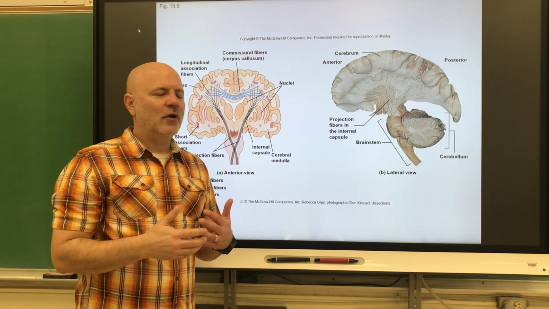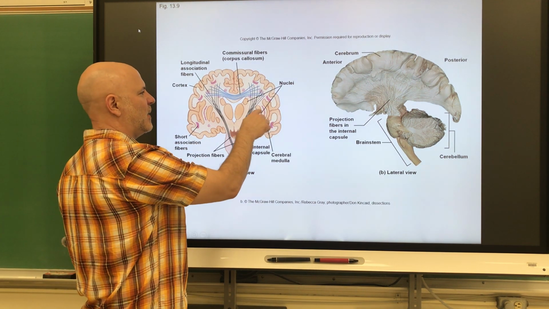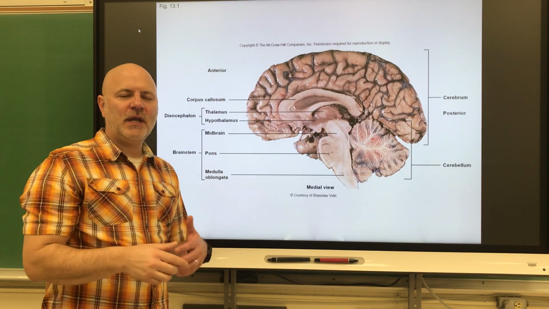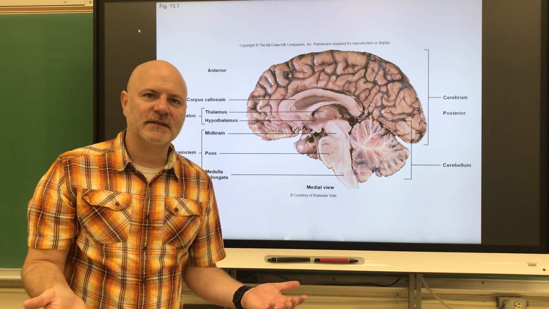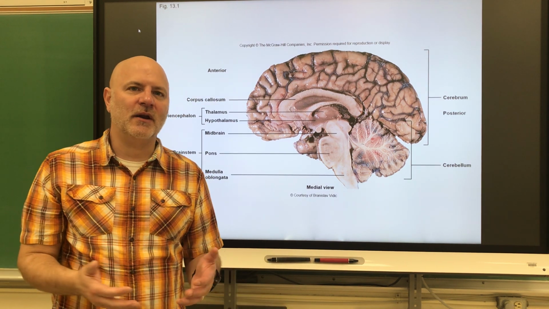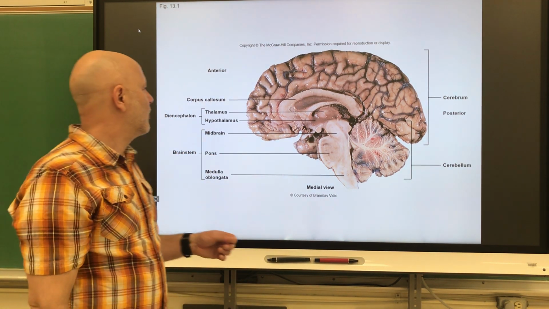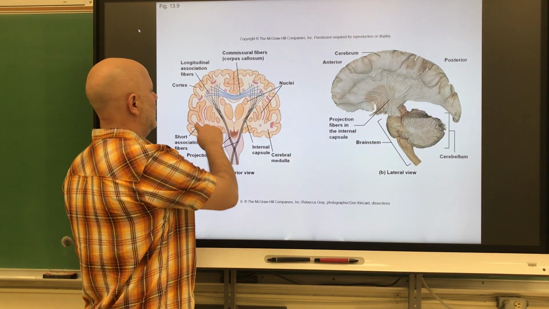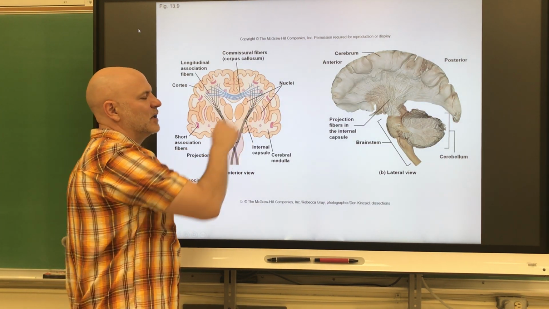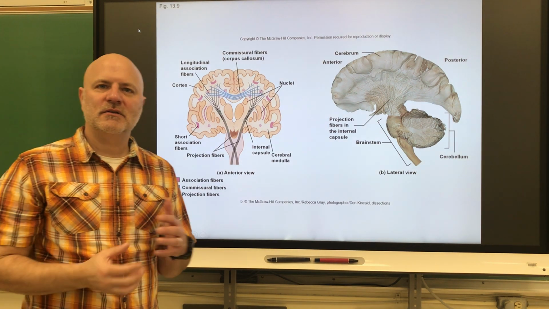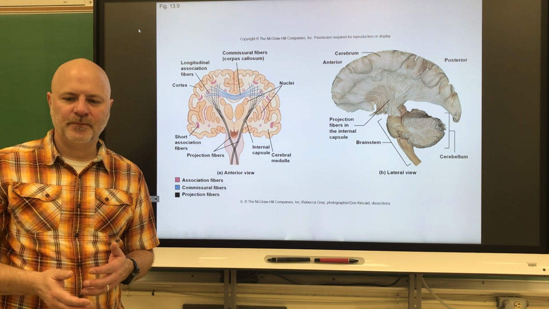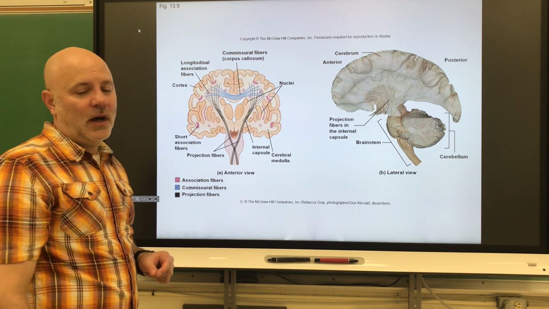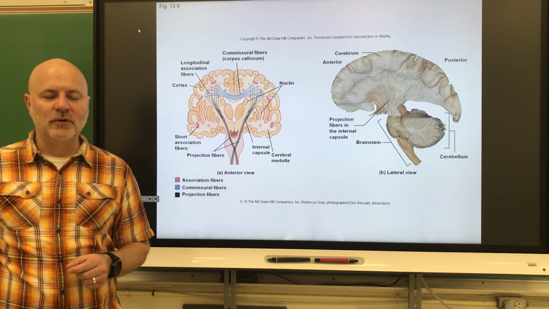So if we have more surface area by having all these grooves, then we can have more integration occurring, essentially thought processes and decision-making parts of our brain occurring. That's why our brain has so many grooves and ridges: to increase surface area so we have more gray matter, so we have more decision-making parts of our brain.